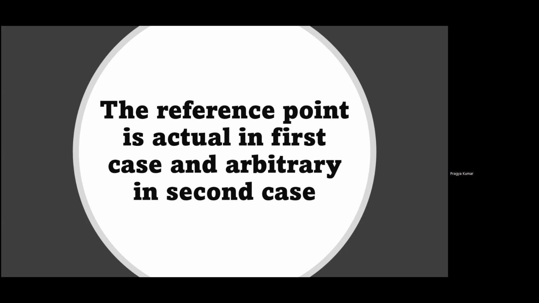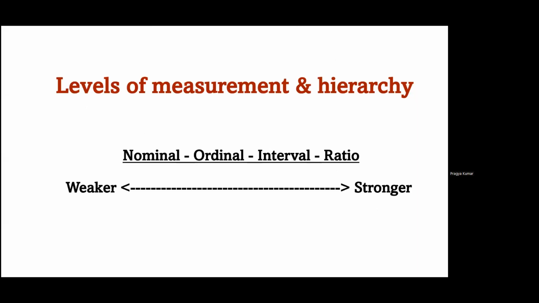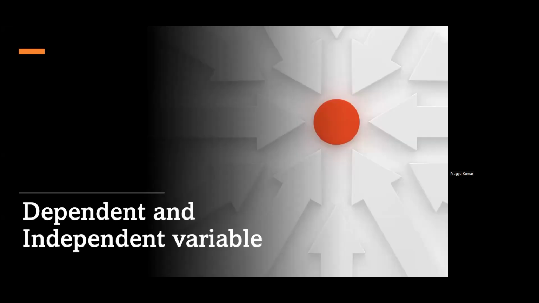Scale means you can measure it with a scale. So that's how you will see in JAMOVI also, it is shown by a small yellow scale. We'll see that. So if you see the levels of measurement and hierarchy, then the weakest is the nominal and the highest is the ratio. It is the producer of stronger evidence.